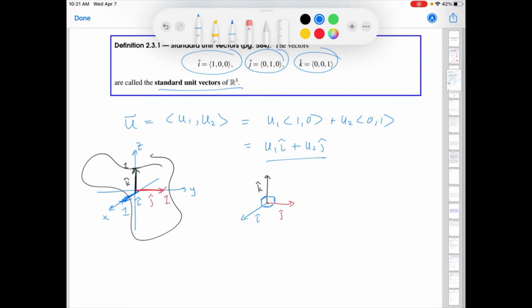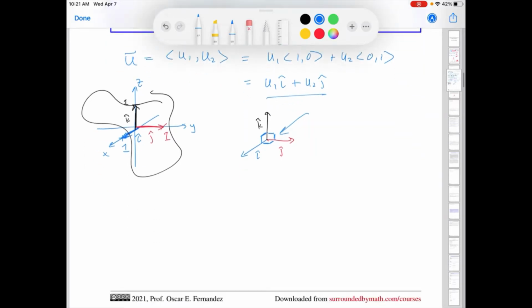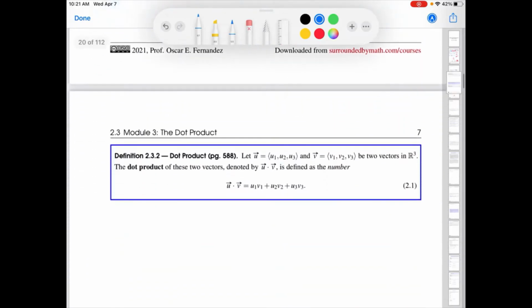I've captured it here in a picture by drawing the familiar notion of a right angle between these 3 line segments, and vectors. But how do we capture that mathematically in an equation or in some concept? So that leads next to the notion of the dot product. So I'll go through the definition of the dot product first, and then we'll get back to the unit vectors to see how it captures this orthogonality.